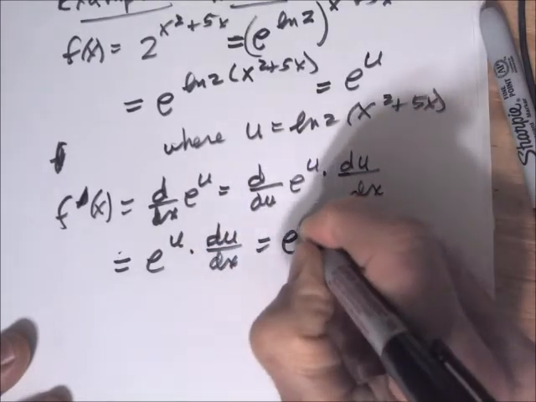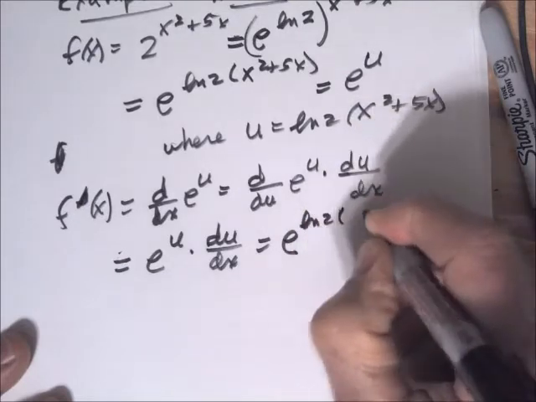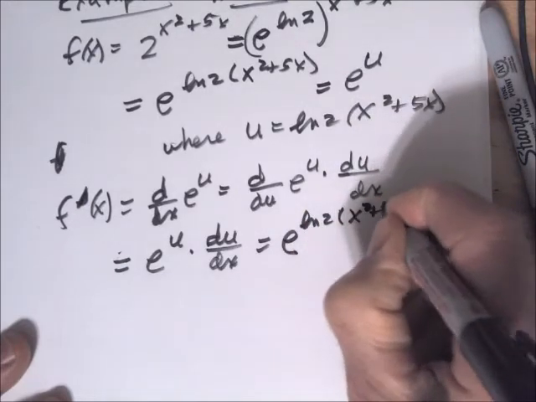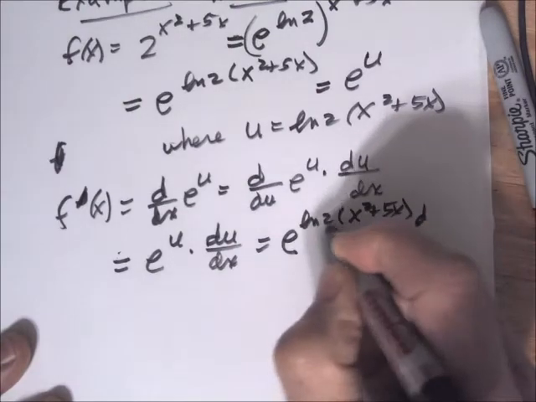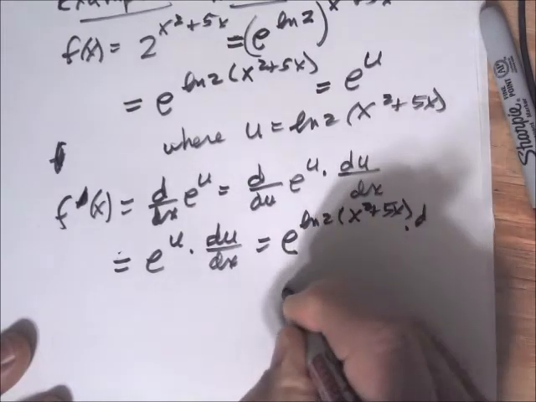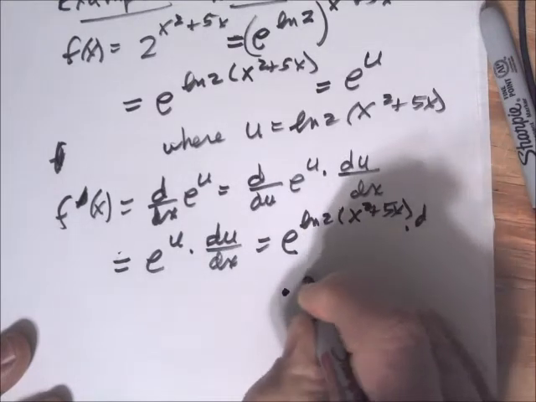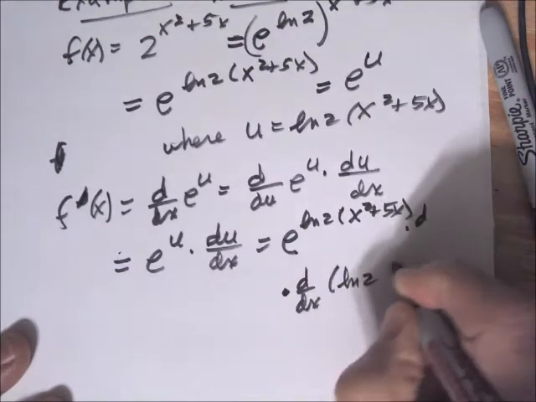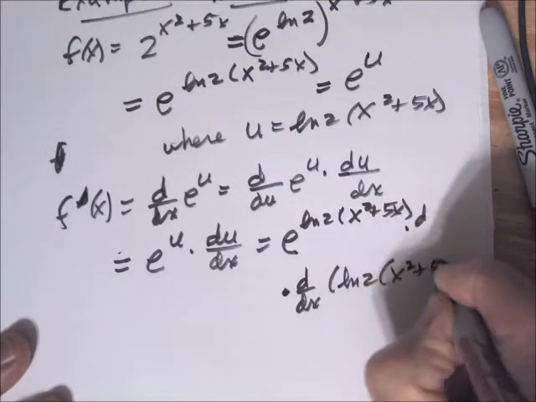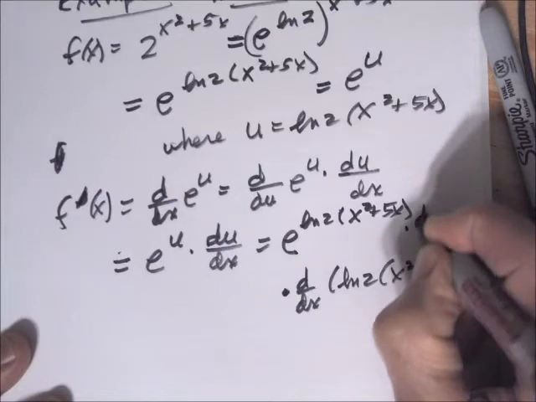That's e to the ln 2 times x squared plus 5x, times the derivative, I'm having a hard time fitting it on one line, times the derivative with respect to x of ln 2 times x squared plus 5x.